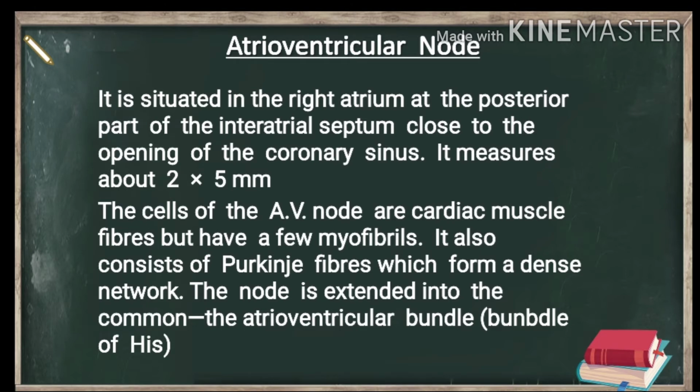The cells of the AV node are cardiac muscle fibers but have few myofibrils. It also consists of Purkinje fibers which form a dense network. The node is extended into the atrioventricular bundle.